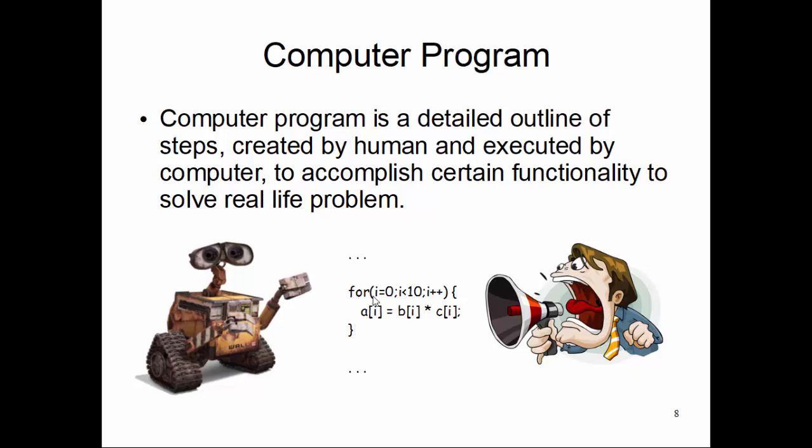You can possibly say to Wall-E, hey, take these 10 element arrays B and C, multiply each element and put it in array A, and that should be sufficient for Wall-E to accomplish this task.